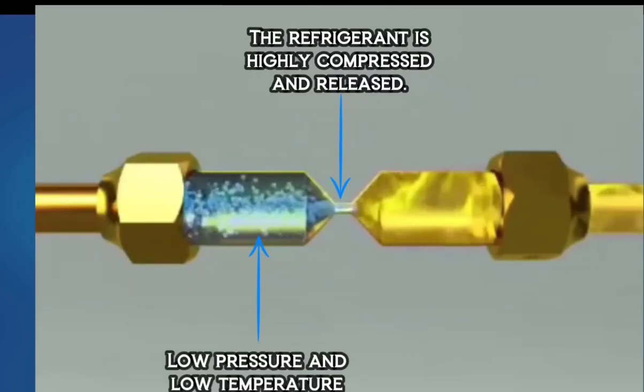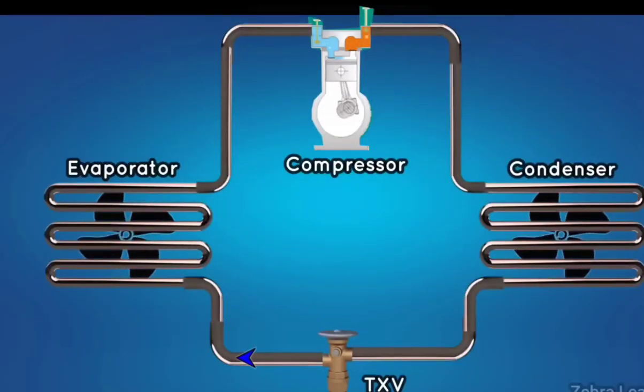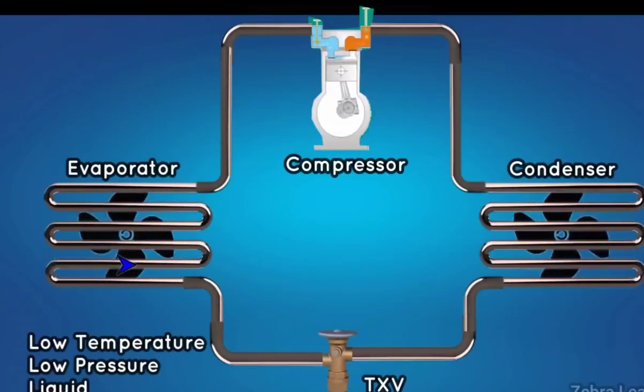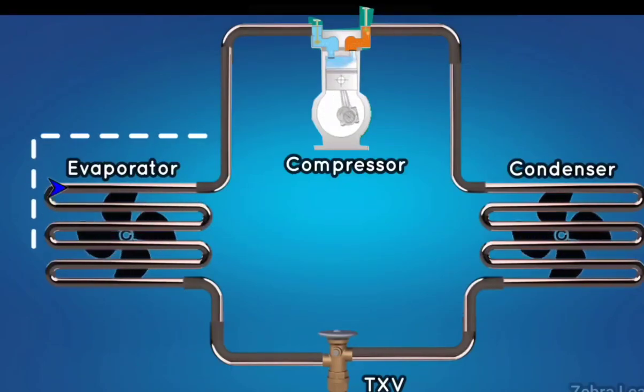By reducing the pressure, the temperature of the refrigerant will decrease. The refrigerant that comes out of the expansion valve at low temperature, low pressure, and liquid state then goes inside the evaporator.